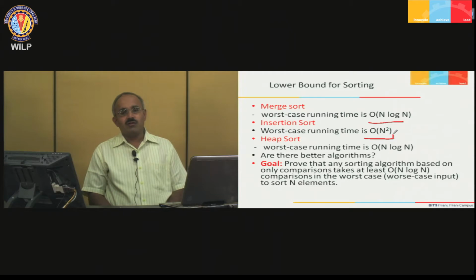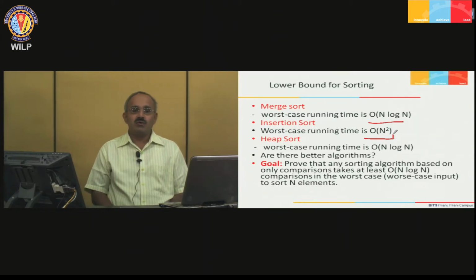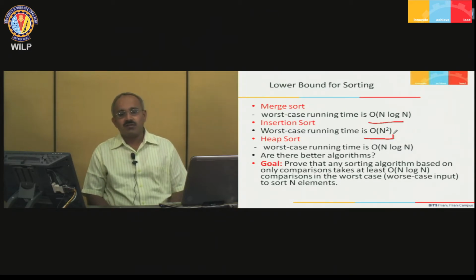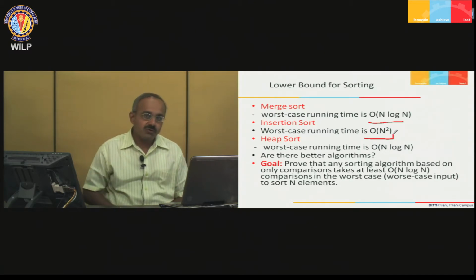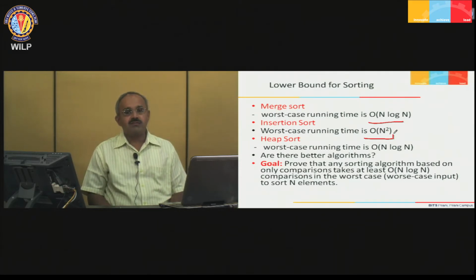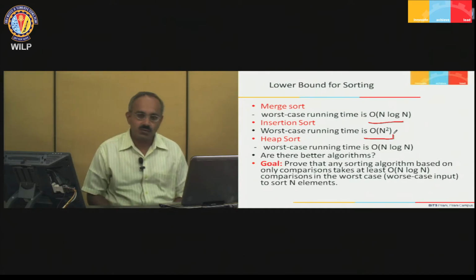In all these algorithms, the key computation was that we compared elements and decided what should be the correct position. So, the basis of our algorithm was comparison of elements or comparison of numbers. The goal of this particular session is to show that any solution that is going to be based on comparisons cannot be better than n log n, or n log n is the best that we can do.